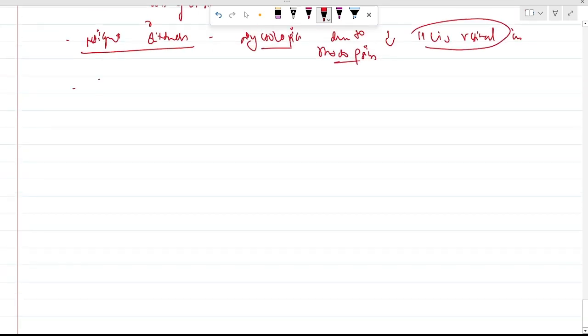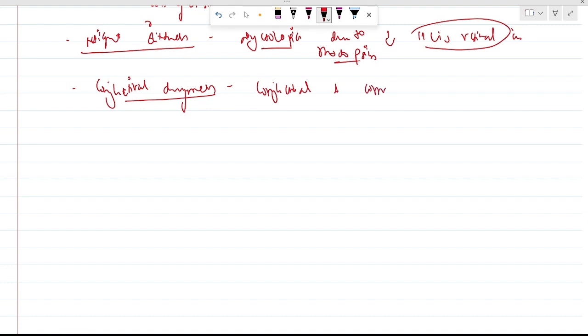Then there is conjunctival dryness. This is conjunctival and corneal xerosis. Conjunctival and corneal xerosis.